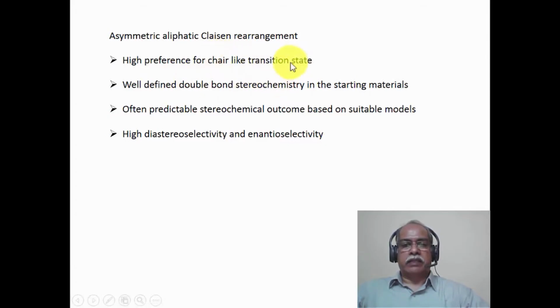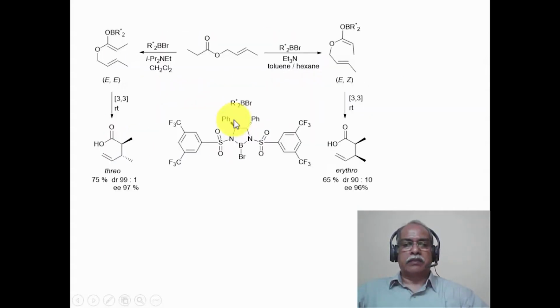It's a very well-defined transition state, and well-defined double bond stereochemistry in the starting material also helps in the stereoselectivity of this reaction. The stereochemistry is often predictable because you have a chair type of transition state with a very well-defined double bond stereochemistry. Therefore, the high diastereoselectivity and enantioselectivity observed in the aliphatic asymmetric Claisen rearrangement is not very surprising in view of the following points which are favorable towards the high enantio and diastereoselectivity of these reactions.